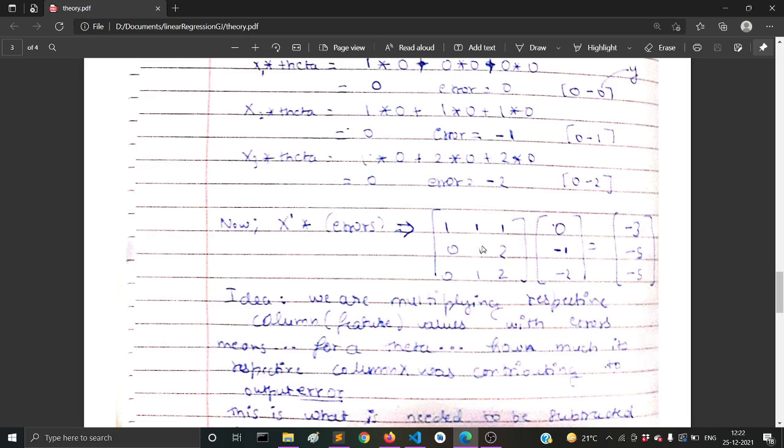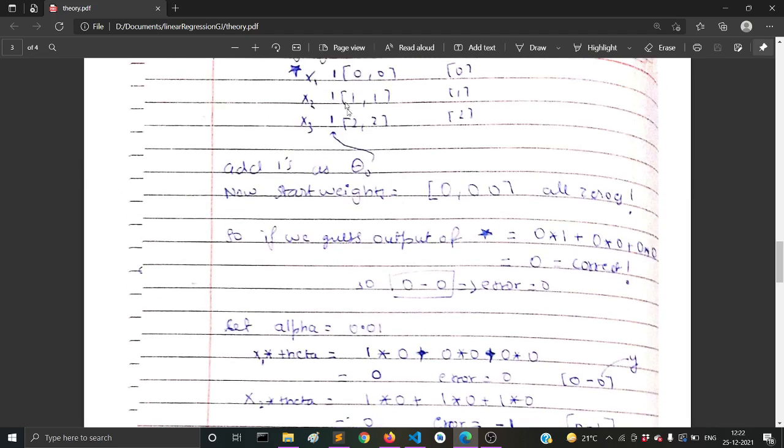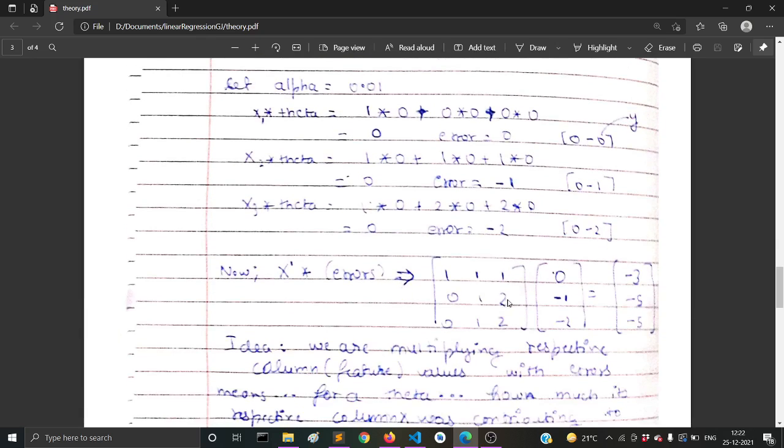If you look precisely, this whole row is actually this whole column, that is your bias column. And same for the other things: this whole is your second feature column, and this respects your third feature column. So when this whole is multiplied by this, it gets us some value, and that value corresponds to a particular theta.